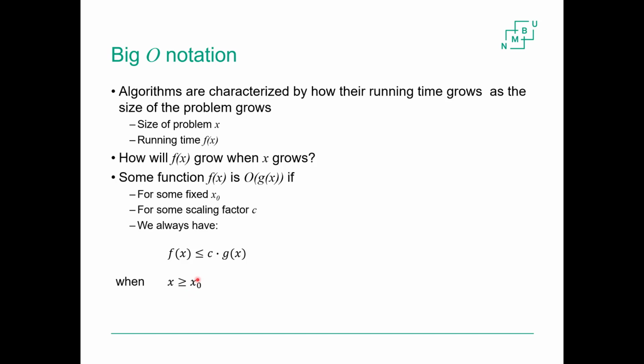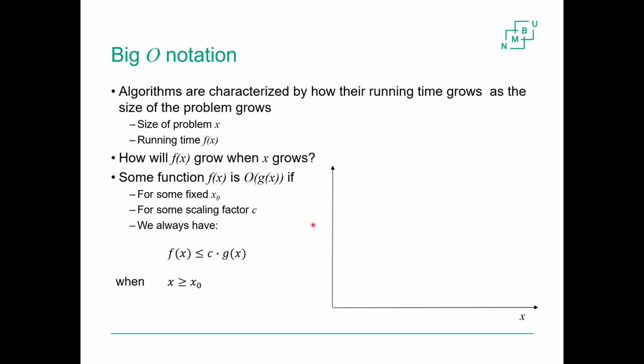So x0 is a sort of lower problem size where this is of interest, because we are really interested in the bigger problem sizes. I mean, for small problems, this is not really an issue at all, right? Small problems are always small. It's for big x values that this becomes interesting.